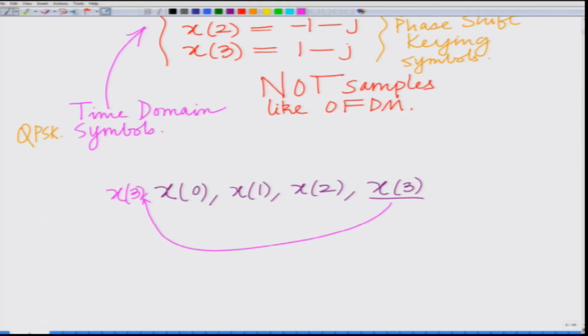This is the cyclic prefix. In the sense that we are adding this cyclic prefix prior to transmission, it is similar to OFDM. Remember, in OFDM also we add the cyclic prefix. However, the important difference is, while in OFDM we take the IFFT of the symbols and transmit the samples, in FDE we take the symbols and directly transmit them after adding the cyclic prefix.